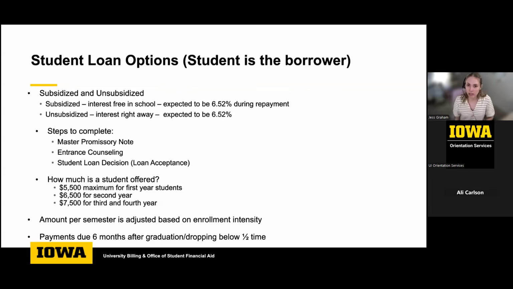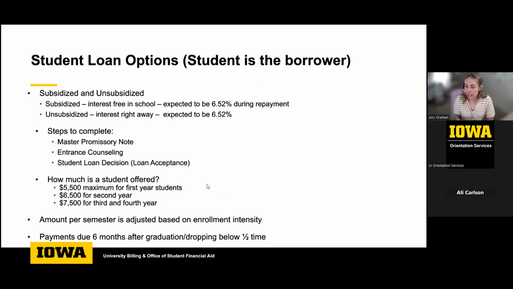Now, the biggest change that we're going to see with the subsidized and unsubsidized loan options going into next year is that students will now receive an amount per semester based on their enrollment intensity. In other words, however many hours they're in is going to determine how much in loans they're going to receive for that semester.